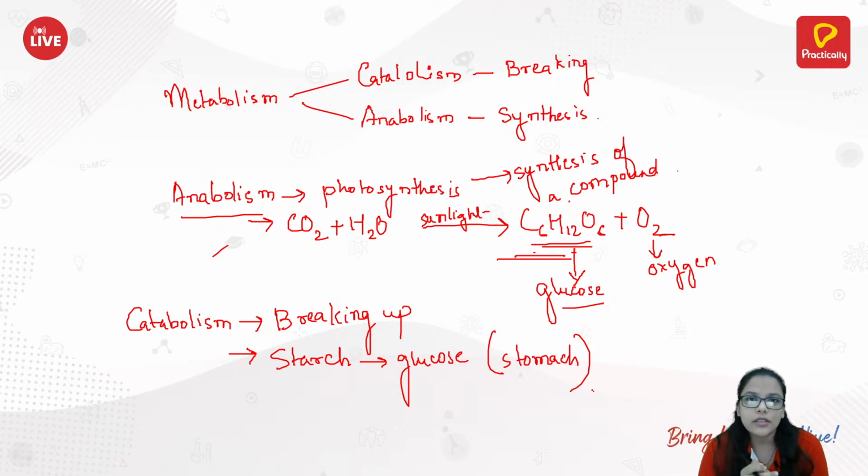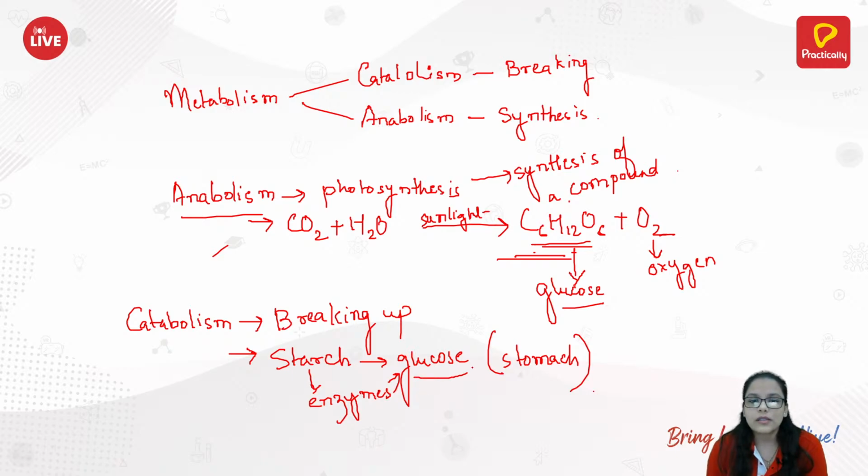What is your body doing after taking that starch? It takes it up, it breaks it, it mixes up with all the enzymes, a lot of enzymes are there, peptases and everything.